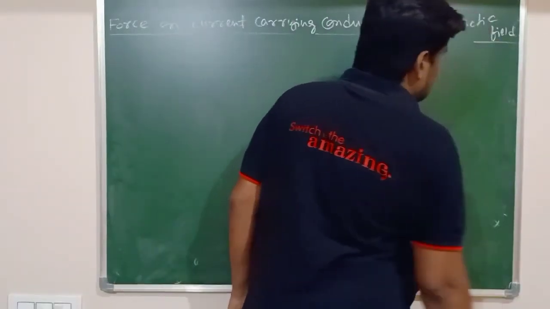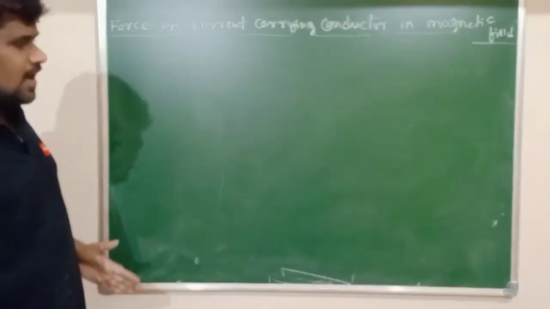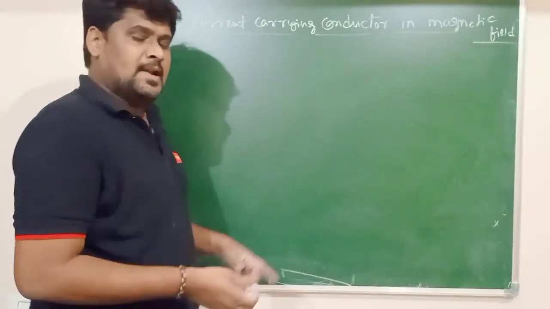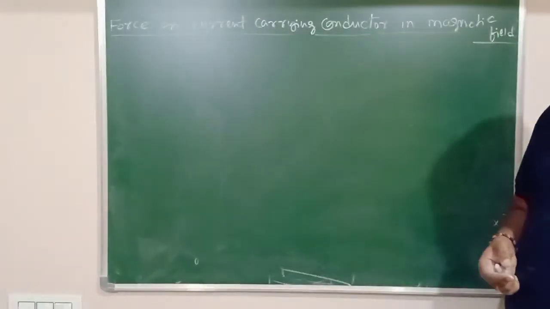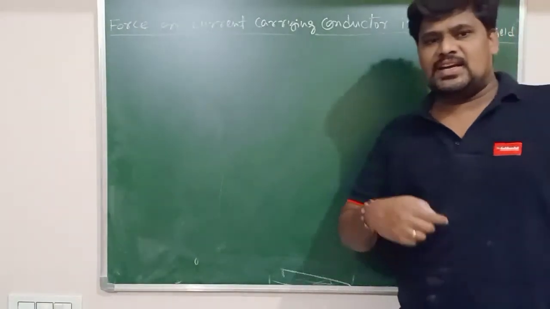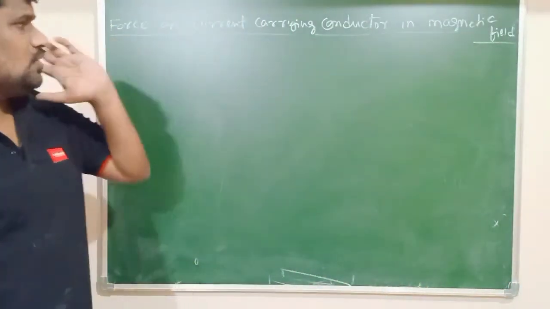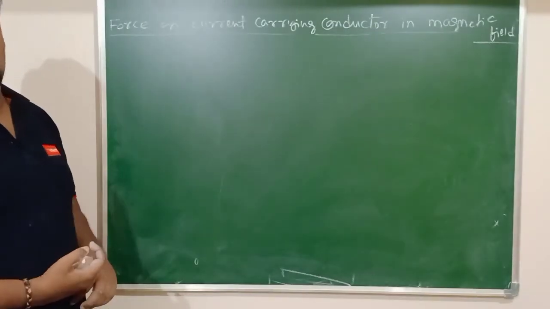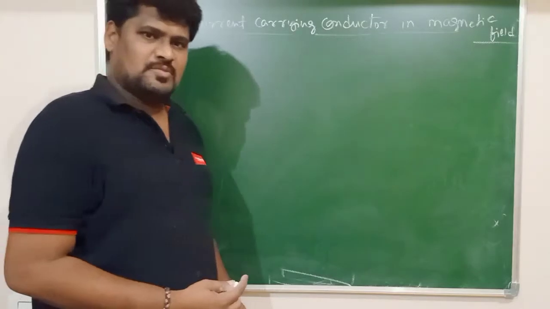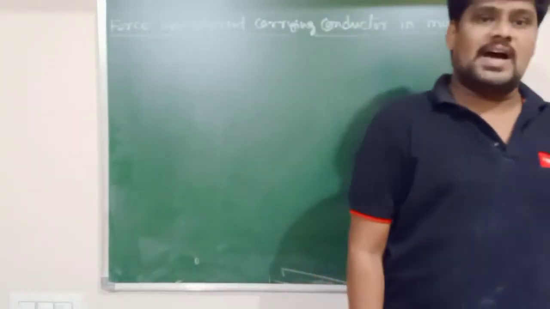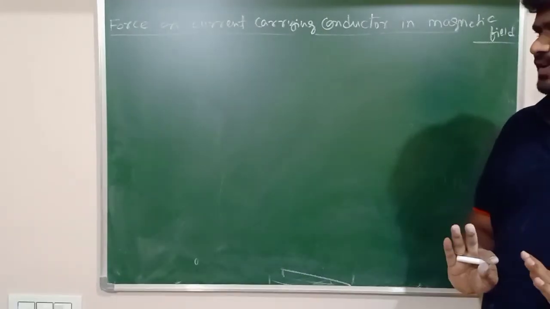If we consider any conductor in which current is flowing and place that conductor inside the magnetic field, definitely that current carrying wire or current carrying conductor is going to experience which force? Magnetic force. What did we discuss before this? Moving charges are experiencing the force in the magnetic field.